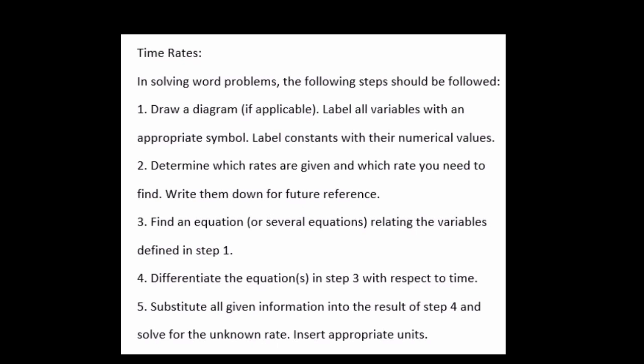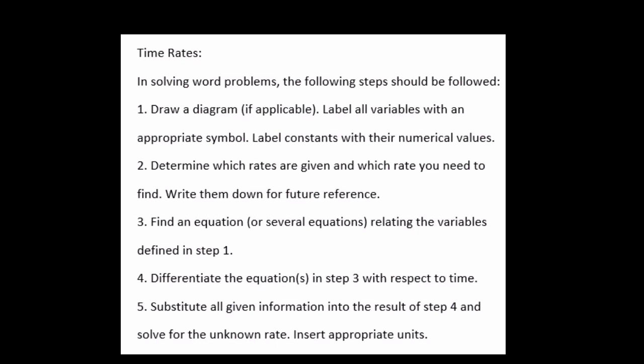Third, find an equation or several equations relating the variables defined in step 1. Fourth, differentiate the equation in step 3 with respect to time. And lastly, substitute all given information in the result of step 4 and solve for the unknown rate and insert the appropriate units.